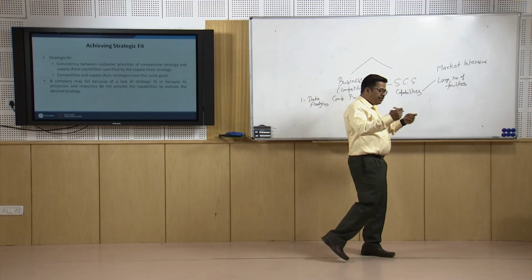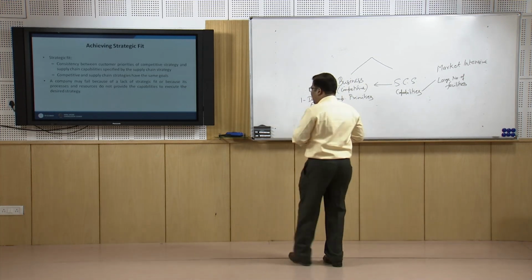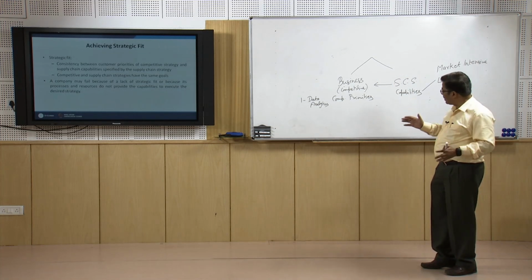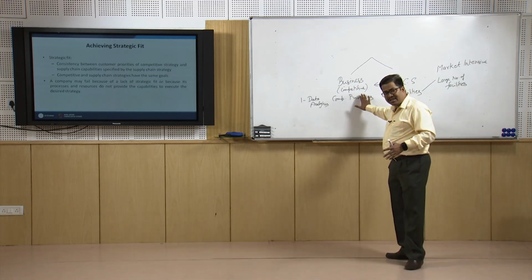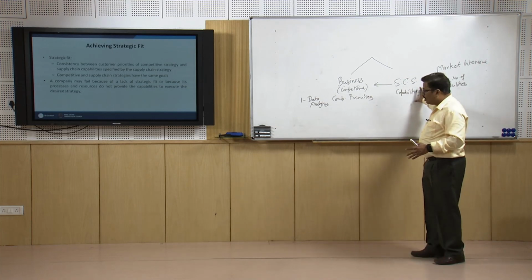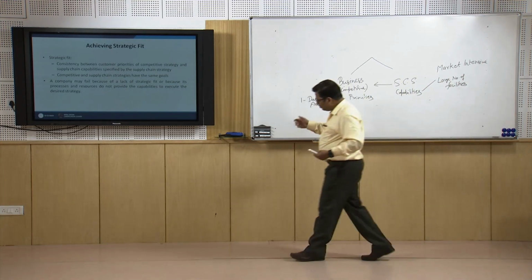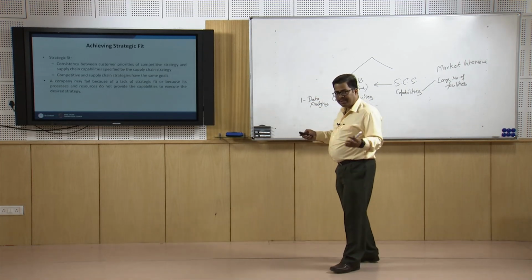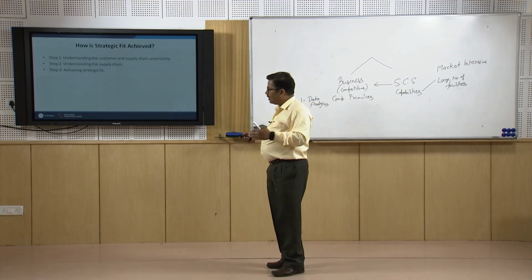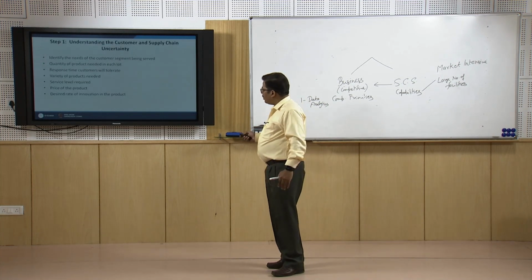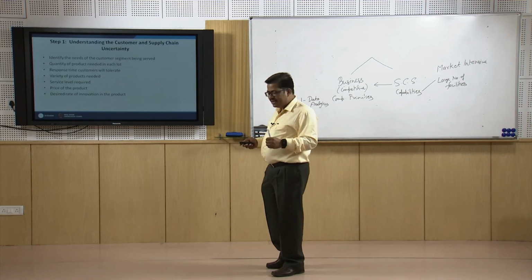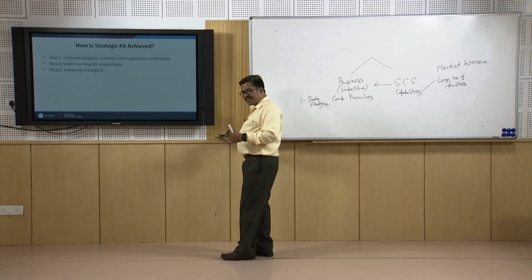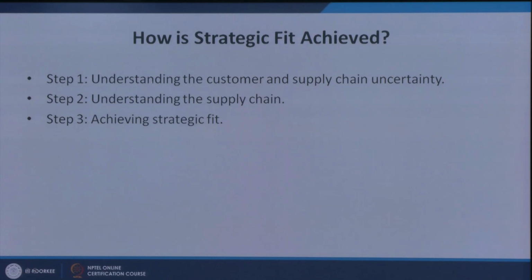This way you can understand how data analytics can help us in providing the required strategic fit between the competitive strategy and the supply chain strategy of an organization. Now, moving further into this discussion of supply chain strategy and competitive strategy, we will see that it is a 3-step process. The first step is to understand the customer and supply chain uncertainties.